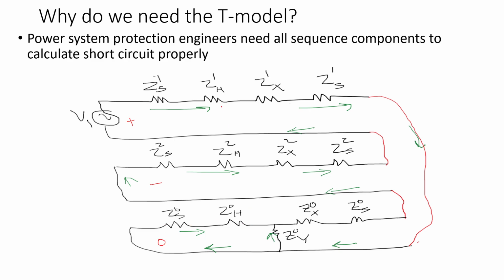As you can see, positive and negative are the same, with the exception that the negative sequence does not have a source, because there is no source. Positive sequence has a source. But look at the zero sequence. In order to model it properly, you have to include the T model.